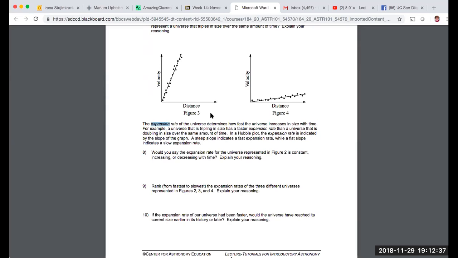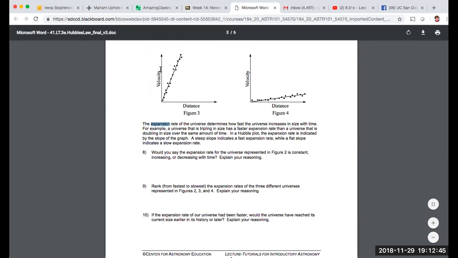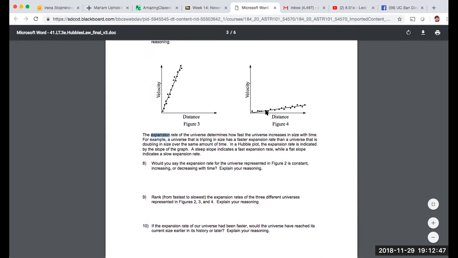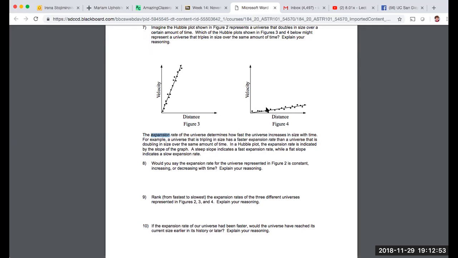In a Hubble plot, the expansion rate is indicated by the slope of the graph, right? A steep slope, like this one over here, indicates a fast expansion rate, while a flat slope, like this one over here, indicates a slow expansion rate.